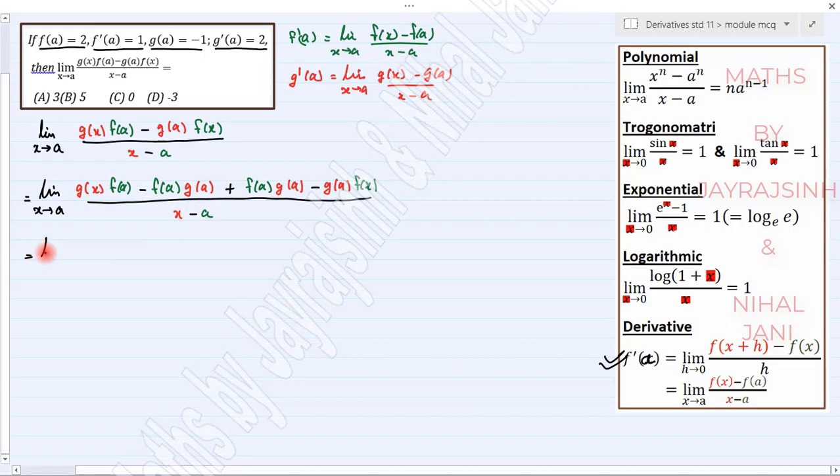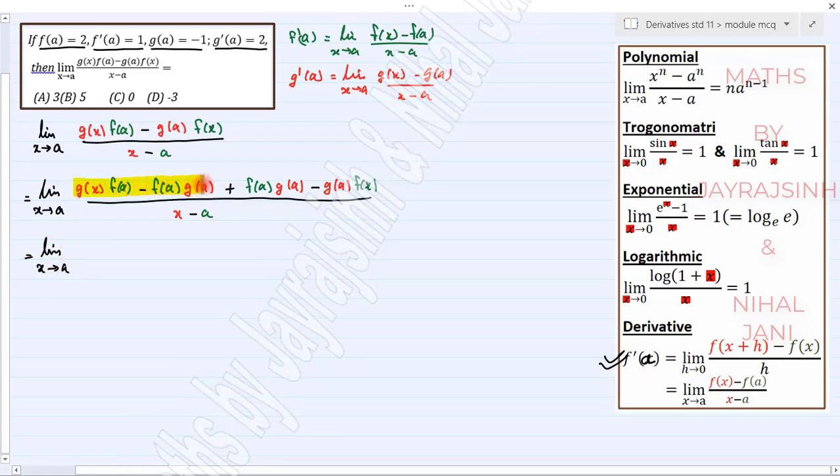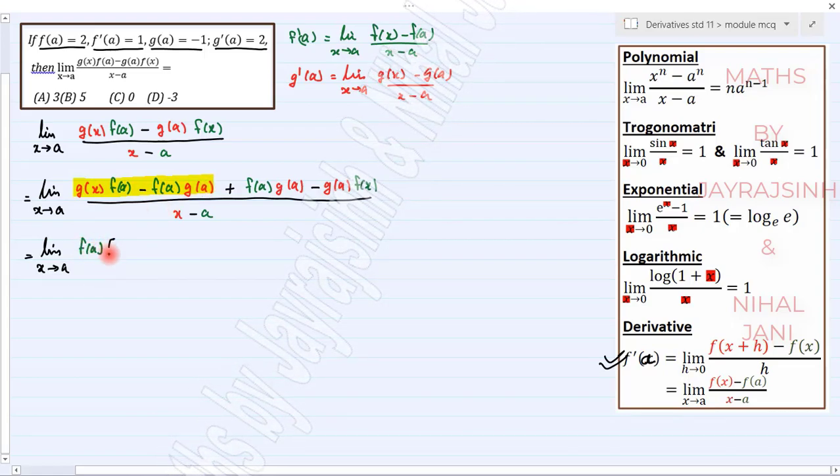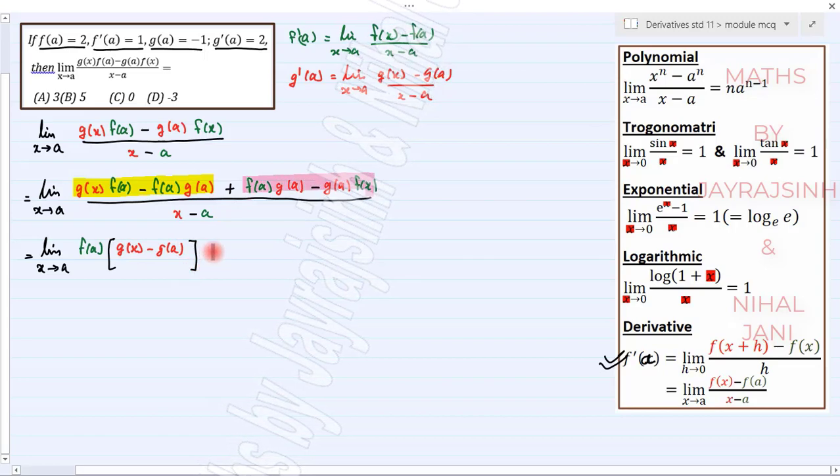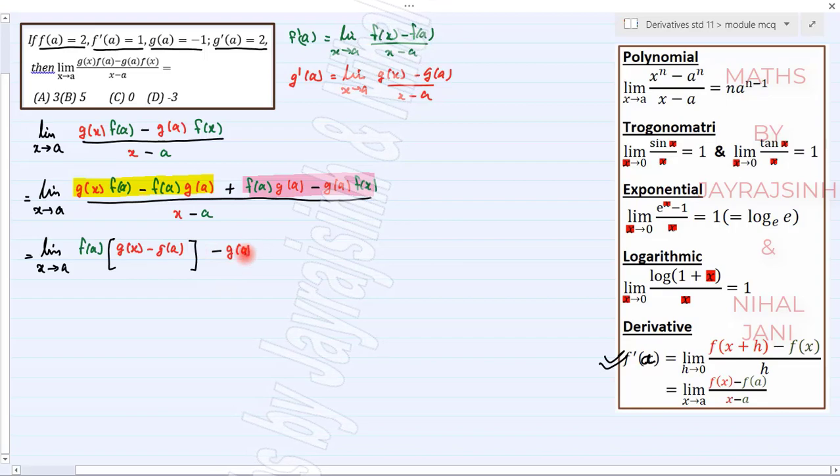Now, from the first two terms, we can take f of a common. So the remaining term will be g of x minus g of a. From the rest of the two terms, we should take minus g of a common.